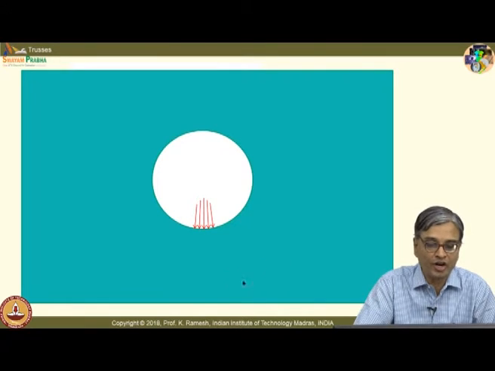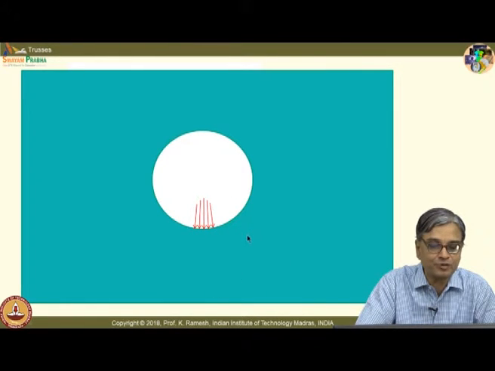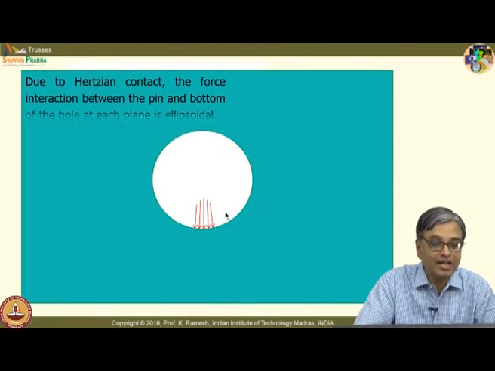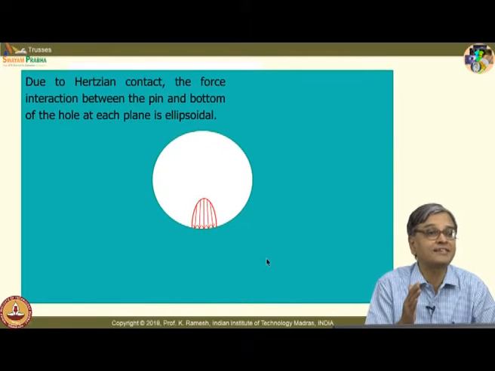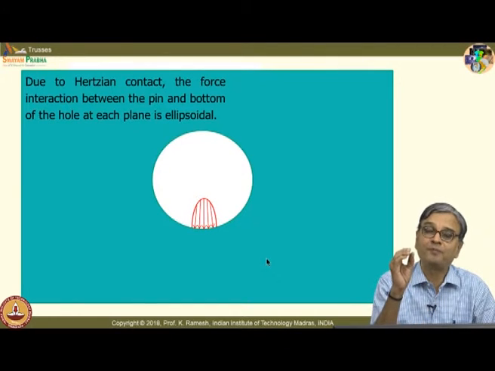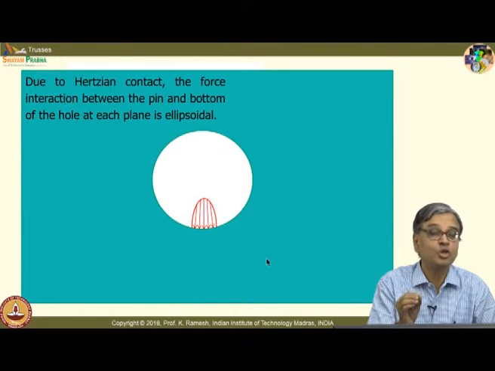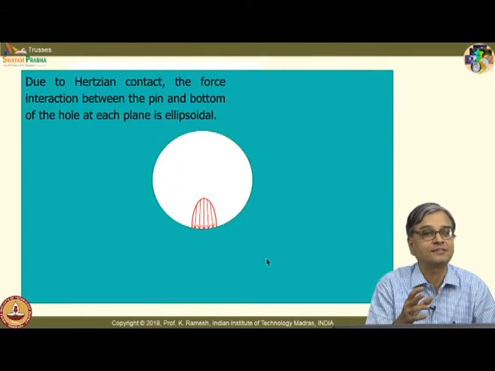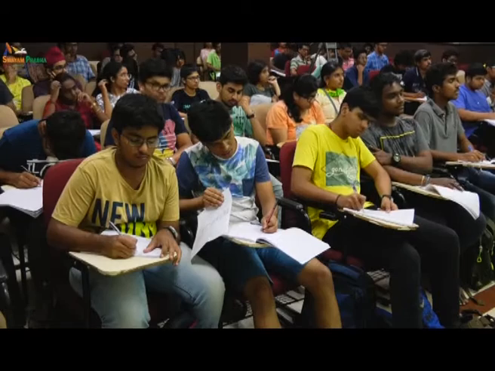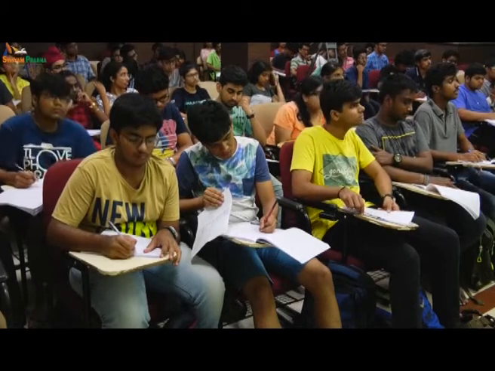So, at the joint you will have an elliptical distribution, which I would replace by composition as a concentrated force for convenience in analysis. In reality, the body is deformable. You idealize it as a rigid member for you to calculate the forces. It helps. You are not making a serious error in the process.